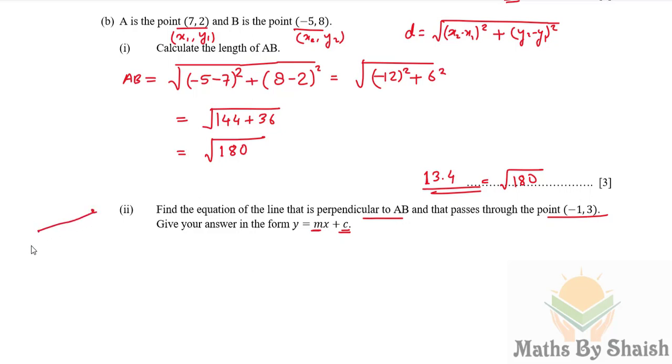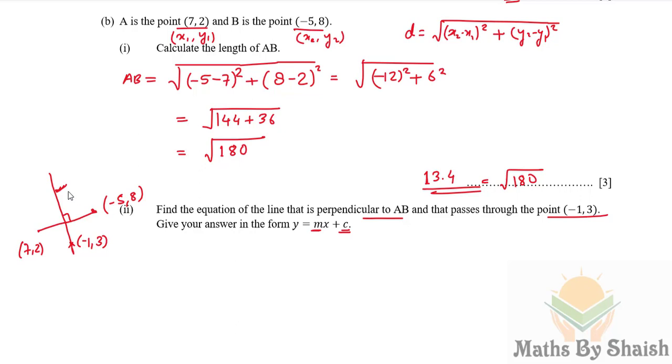Let's say this is AB, where A is 7 comma 2 and B is minus 5 comma 8, and we have a line perpendicular to it. We need to find the equation of this line, and we require two things. The thing being provided is the coordinates of a point it passes through, minus 1 comma 3.